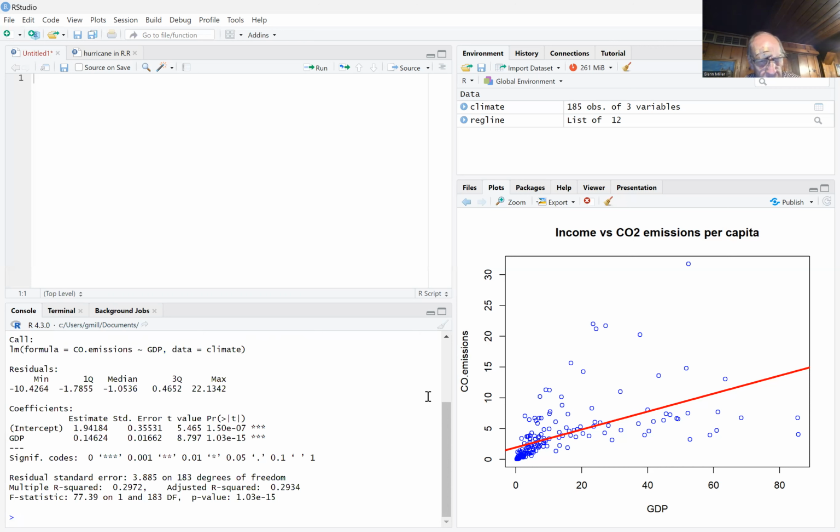And you can see the significance level. They have very high t-values associated with very small p-values because the sample size is large. We have 185 observations. And so, yeah, it's interesting. It's a highly significant correlation, even though, where's our R squared?